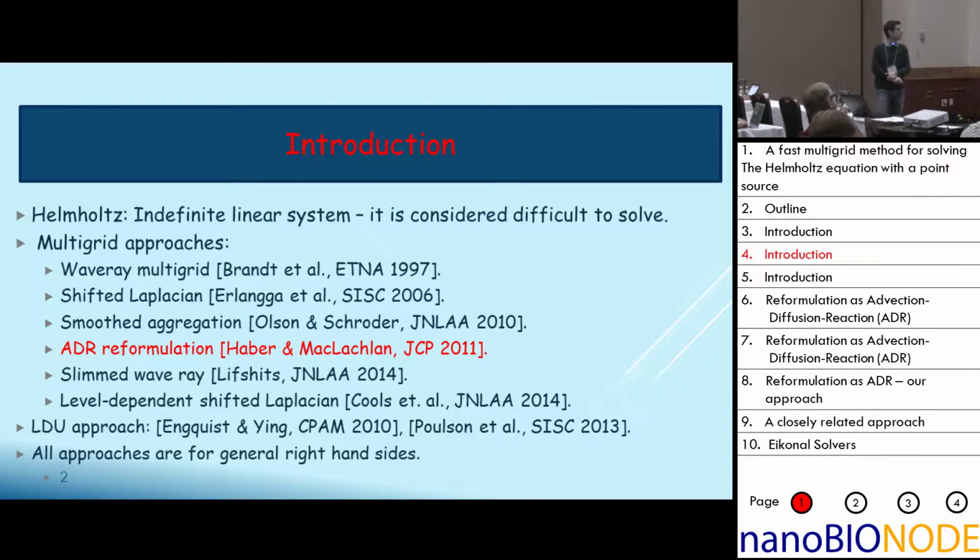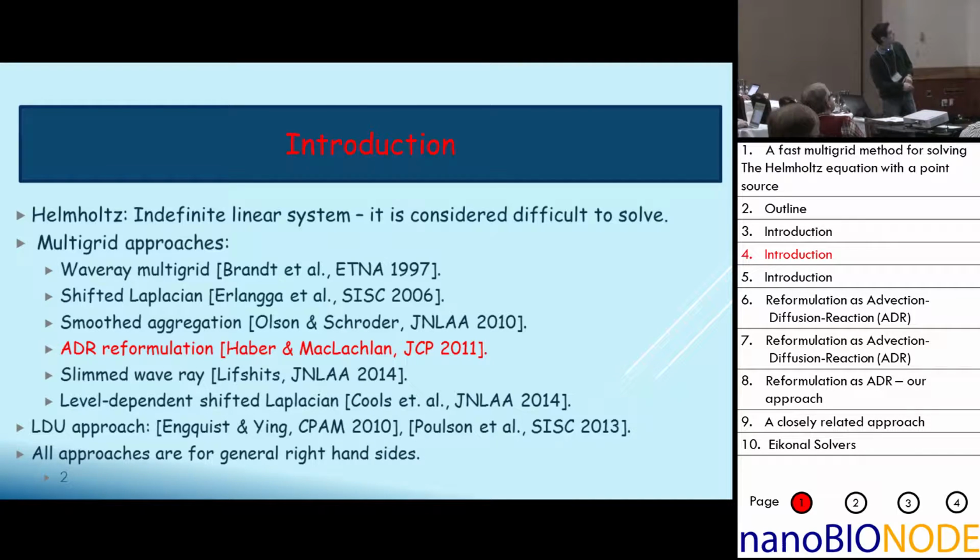There is a recent work about an LDU approach by Engquist and Ying, which is quite serious, but we want to do it with multigrid.